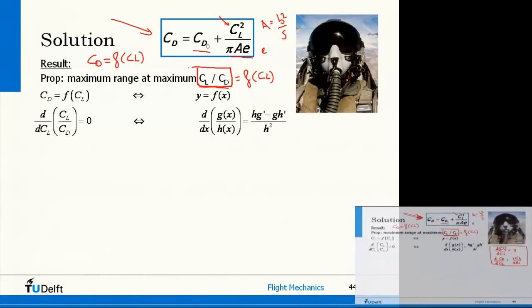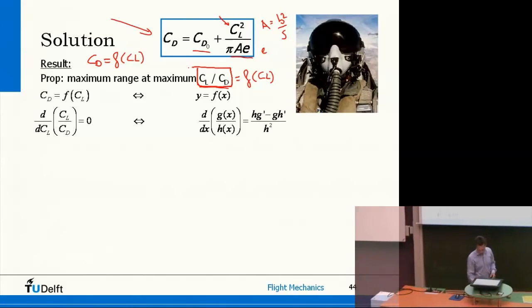So then you also have certain rules for mathematics stating how you actually calculate the derivative. It's the same as saying it's the derivative of a function g over a function h, and you have the quotient rule for that to solve it. So let's just do that in this case.